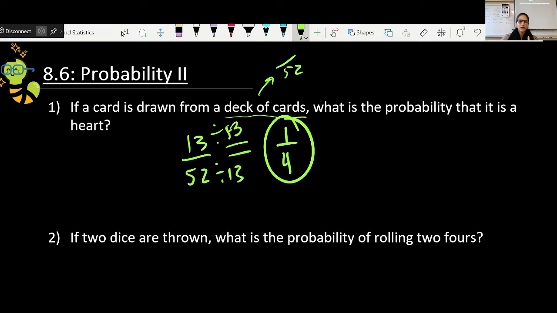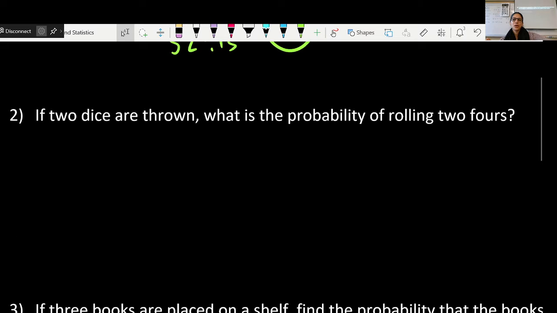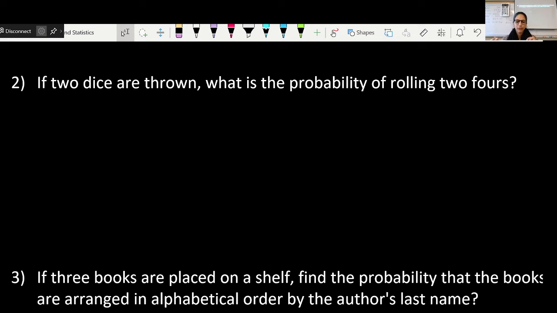Do you see that 1 over 4 is a good way for us to leave our answer? Good? Off to a good start? Even given the range of where our brains are functioning at, this is reasonable? Good stuff. If 2 dice are thrown, what is the probability of rolling 2 4s?